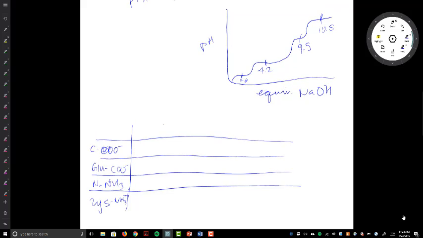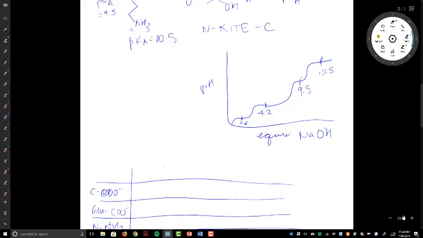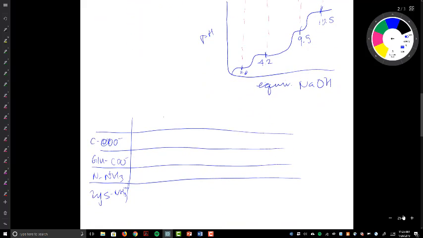The other approach is we can selectively pick pHs that are on the outside of each pKa, to then find the region where we have a net charge of 0. So we can go ahead and try that now.